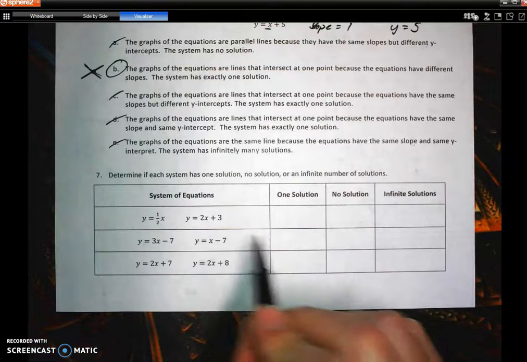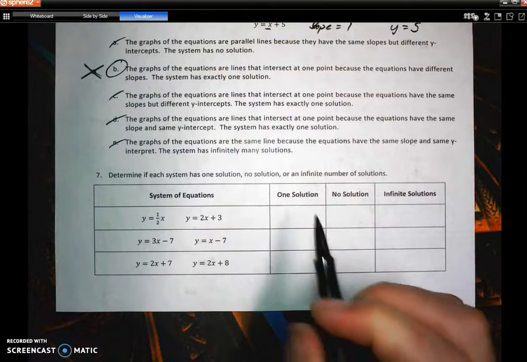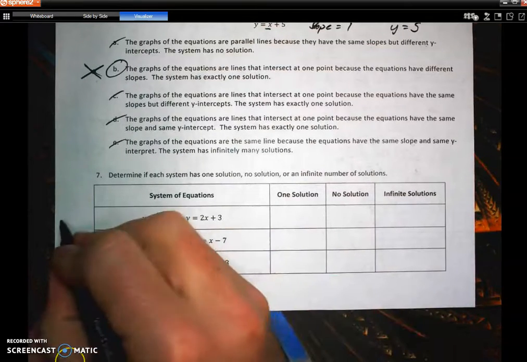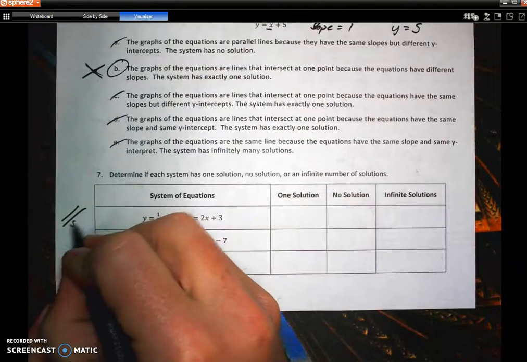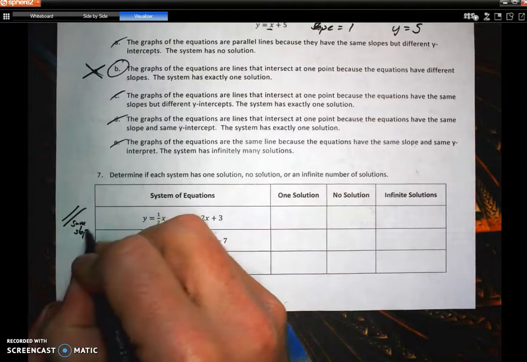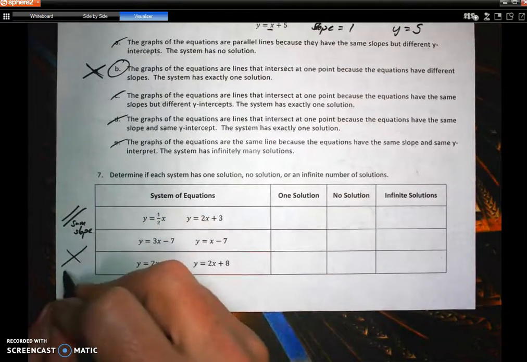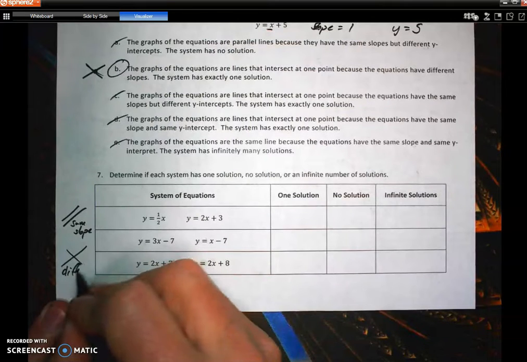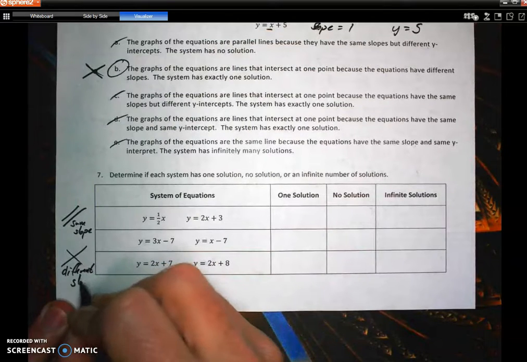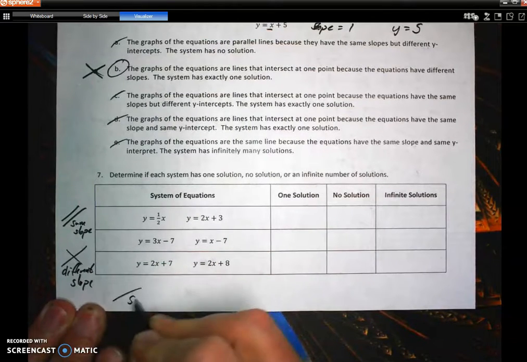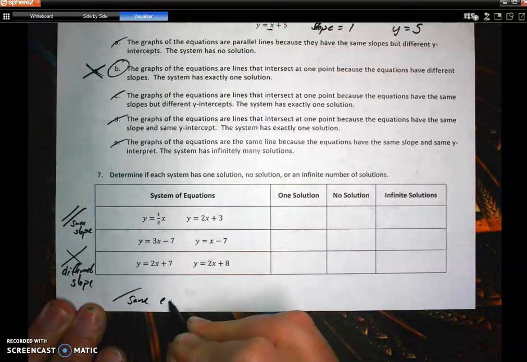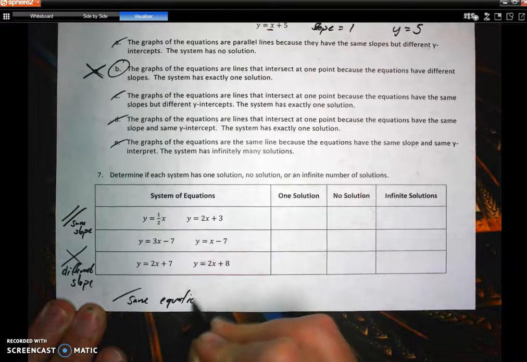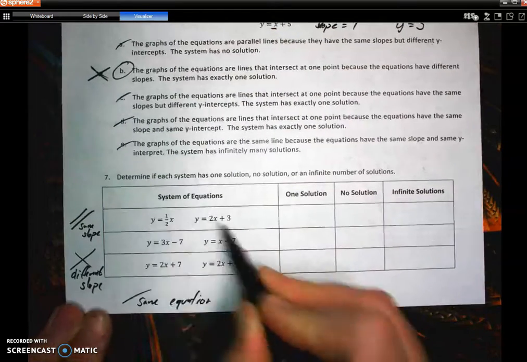So number 7 should be easy using Desmos, but remember, parallel lines have the same slope, right? Crisscrossing lines have different slopes, and the same line is the same equation. So with that, this has a slope of 1/2, that has a slope of 2.